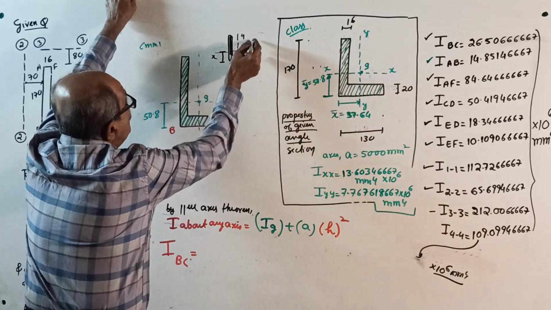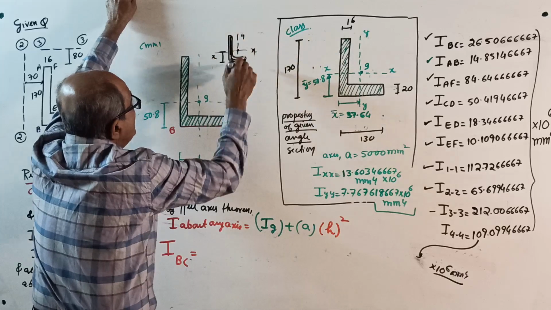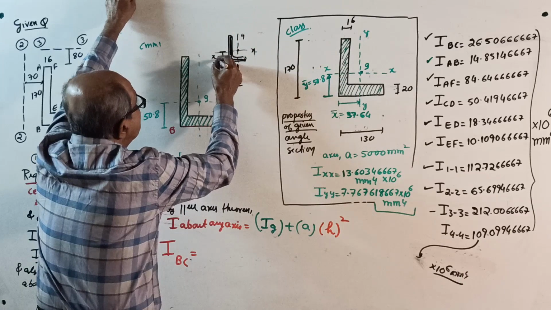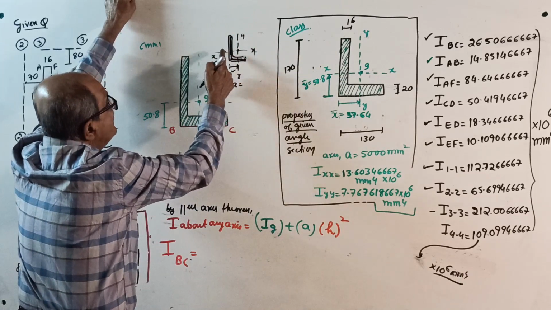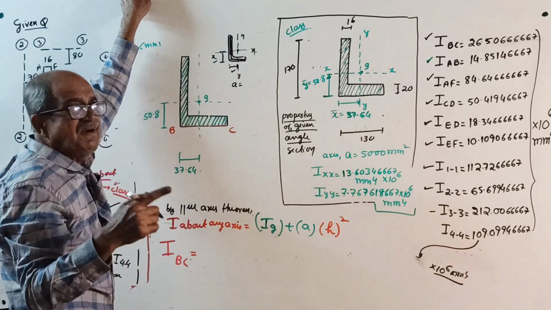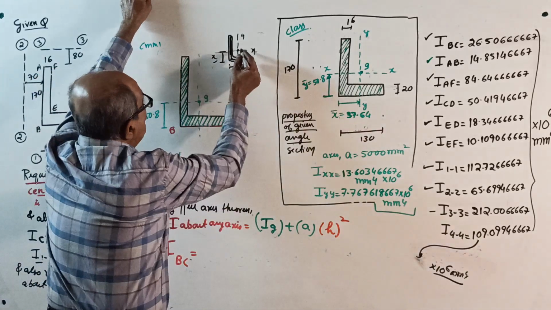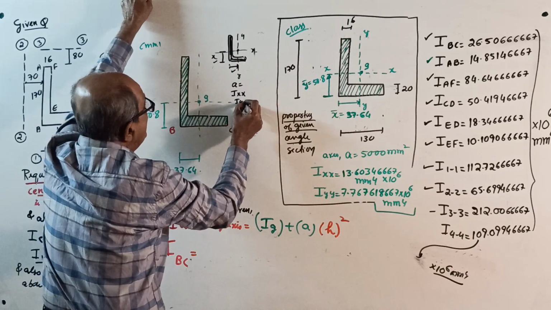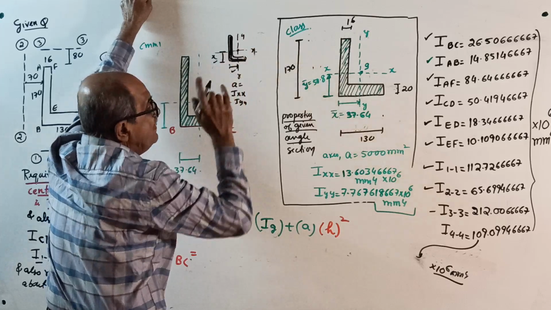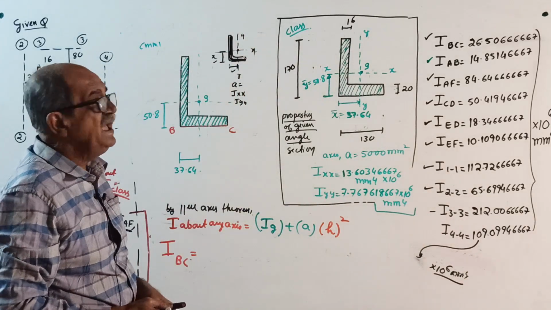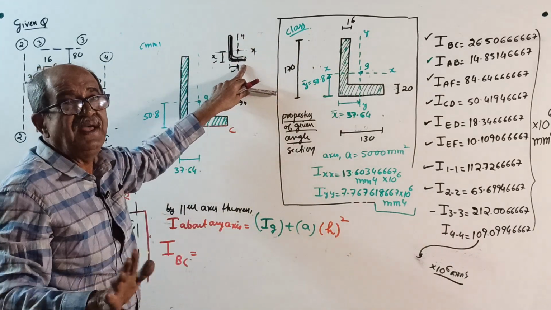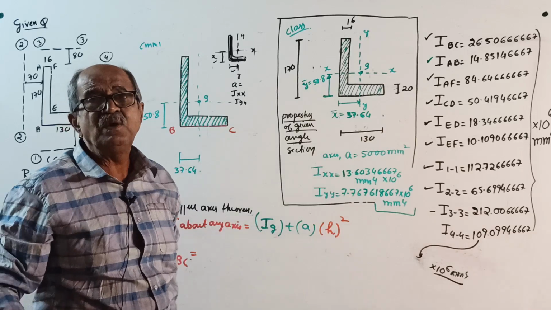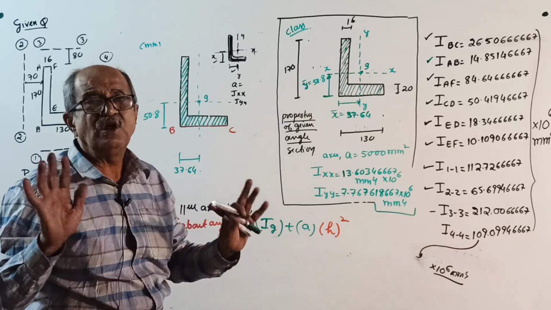Then they will tell you the area for the entire angle and these distances, called CXX and CYY there, that you refer to in steel tables. And they give I about XX and I about YY for the entire angle. So there you are not going to break the angle and use that property to get the required moment of inertia. Okay, that's sufficient.